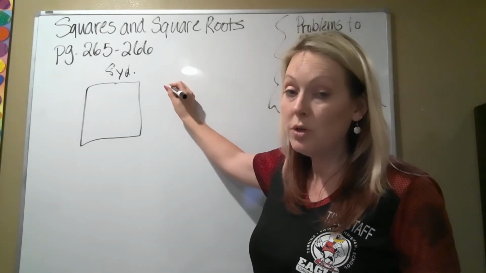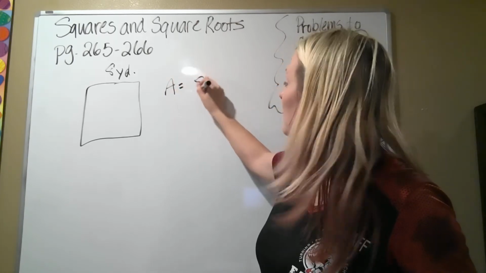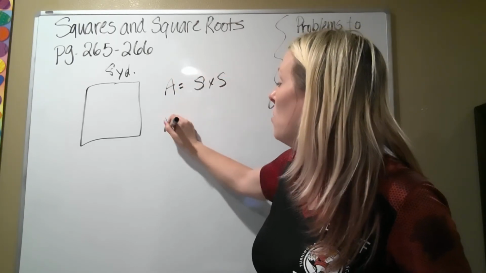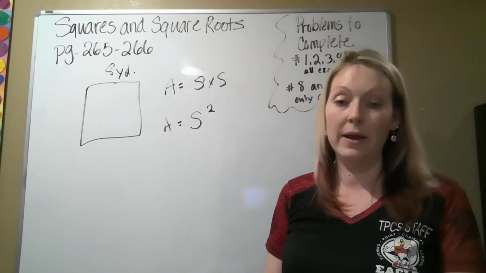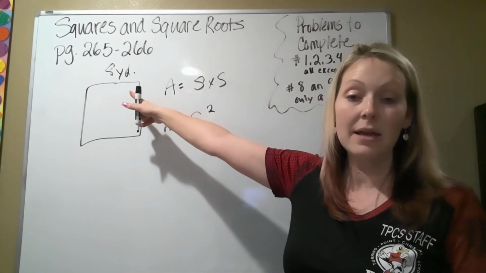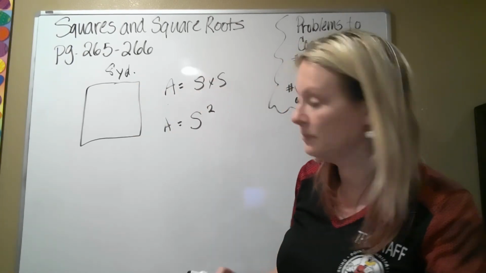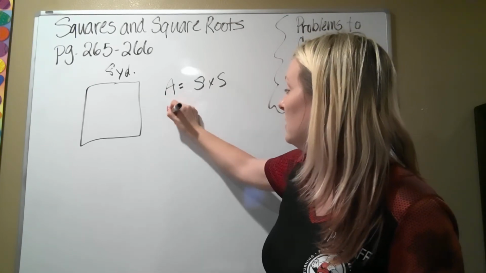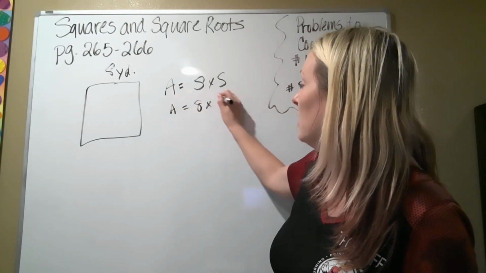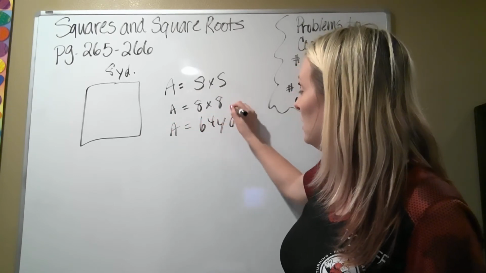I can use 2 different equations. What are my equations? A equals side times side, or A equals side squared, right? What is my side? My side is 8, so I could fill this in. I could say A equals 8 times 8, A equals 64 yards.